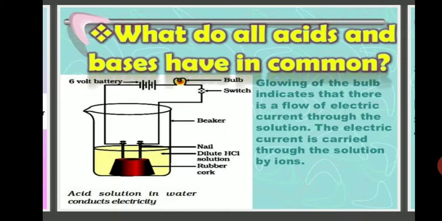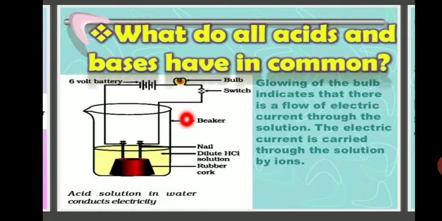So when acid is dissolved in water, it separates out as positively charged ion, that is hydrogen ions, and negatively charged ion, that is chloride ion. Due to the presence of H plus ions in this acid, the bulb glows.